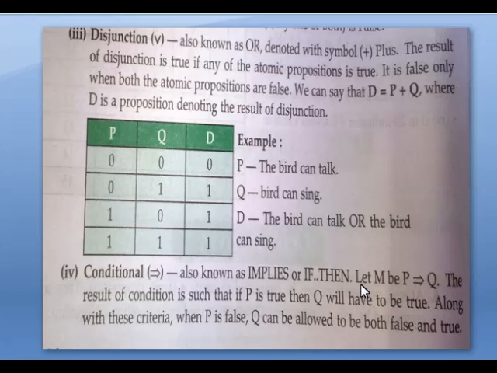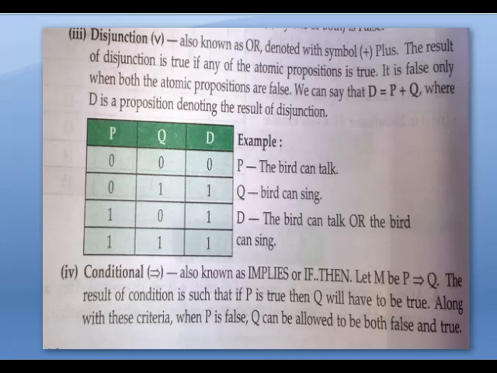What is P implies Q? The result of the condition is such that if P is true, then Q has to be true. Along with this criterion, when P is false, Q is allowed to be both false and true. Okay students, this is called conditional.